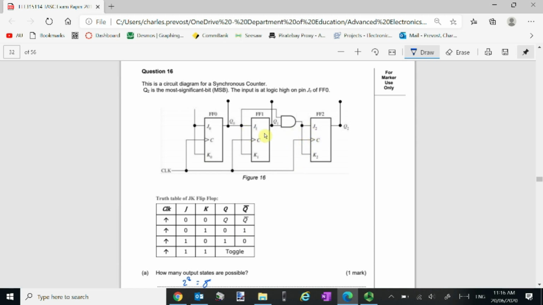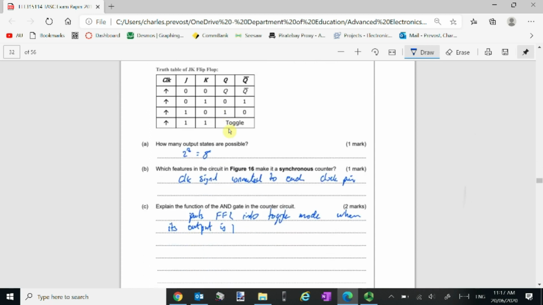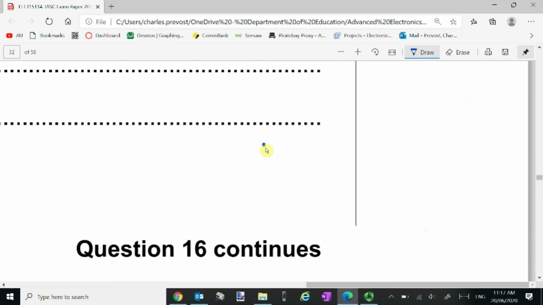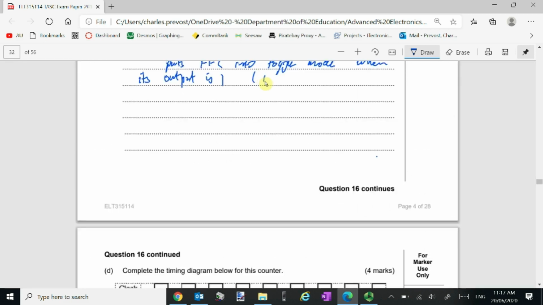This is only going to toggle when Q1 and Q0 are 1, so when the count is at x 1 1, where x doesn't really matter, that could be a 0 or a 1.